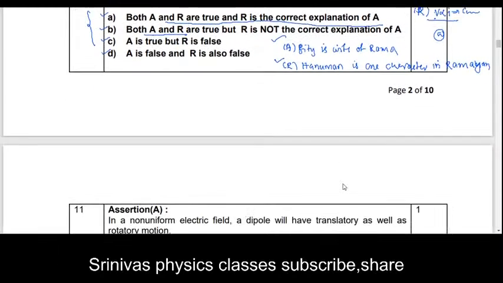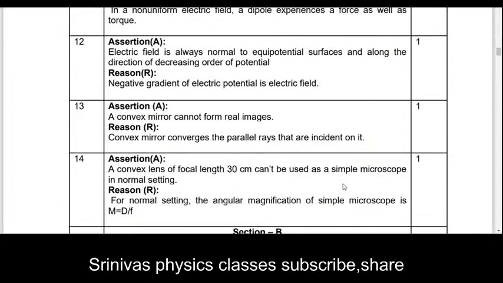Okay. Next, let us go for the questions now. First, the 12th question. Electric field is always normal to the equipotential surface, along the direction of decreasing potential, right? The negative gradient of potential is the electric field.